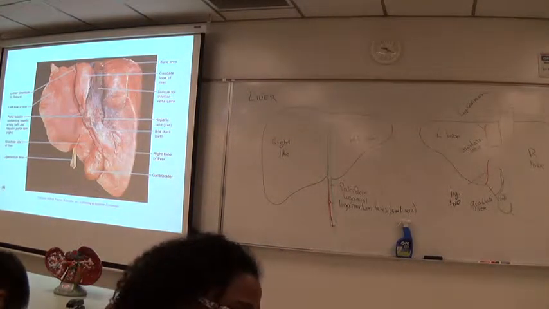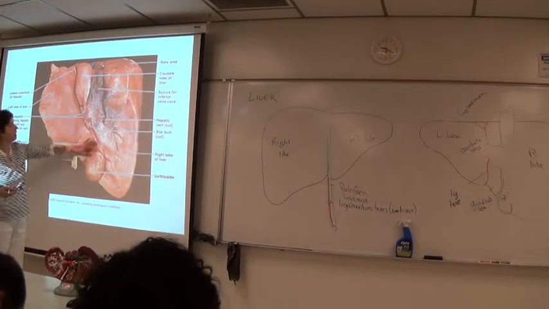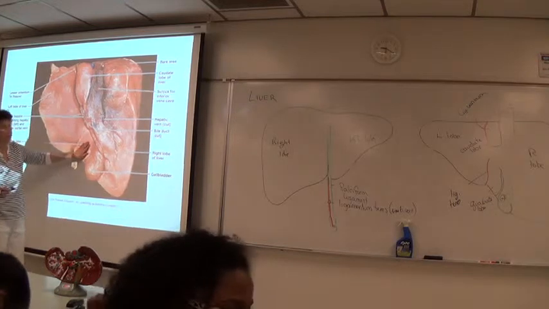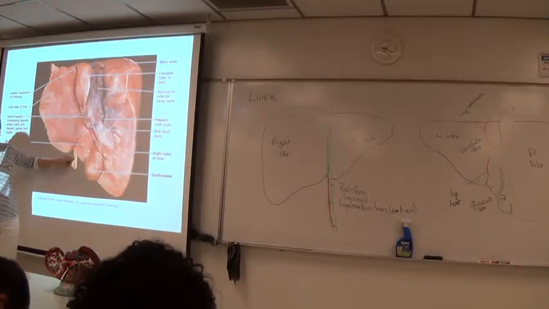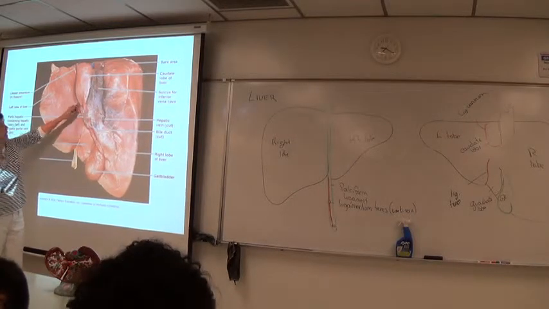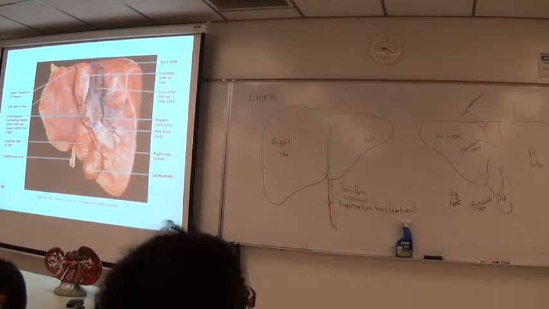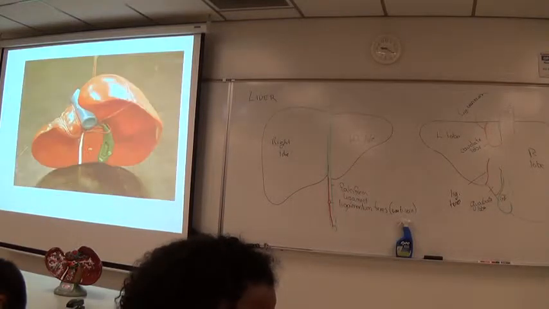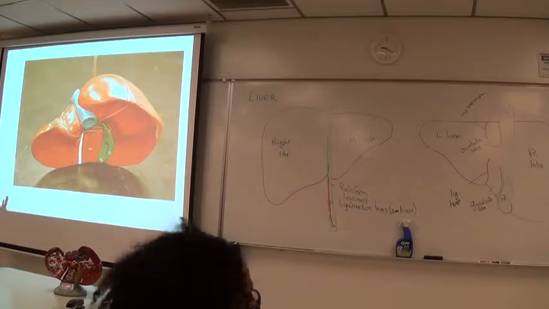So on this real liver here, this is the gallbladder here. So here's the caudate lobe, here's the quadrate lobe. Here's the falciform ligament with ligamentum teres, and ligamentum venosum would be going up through here. The next image is a smaller liver model than what I have on this one.